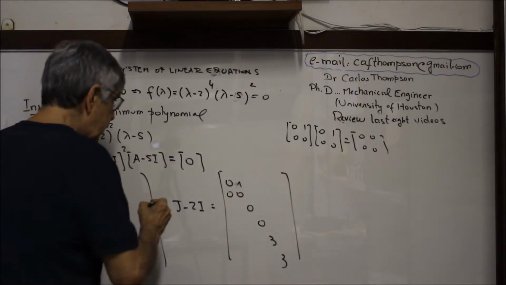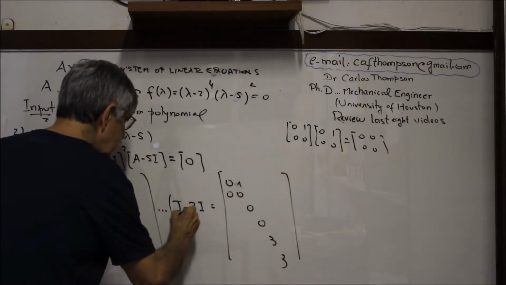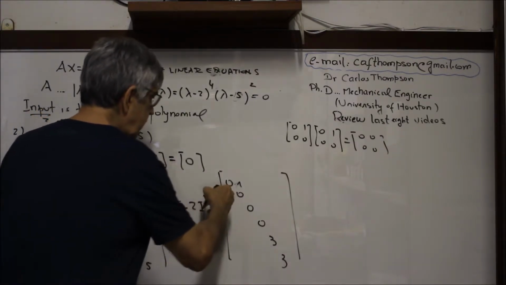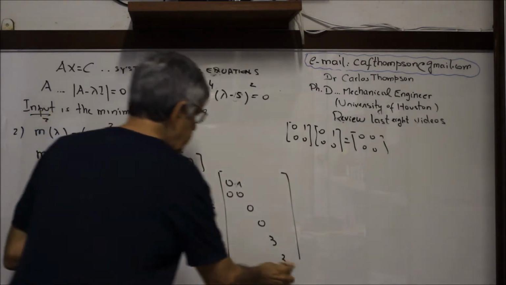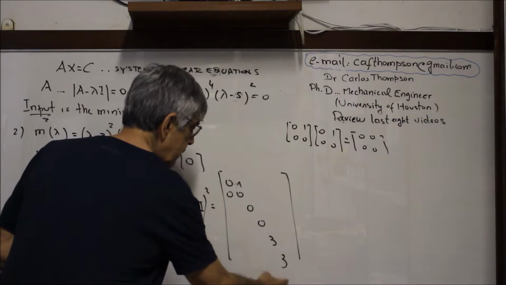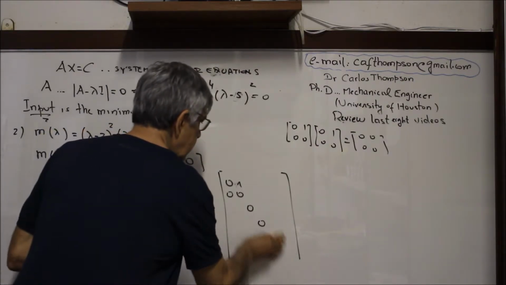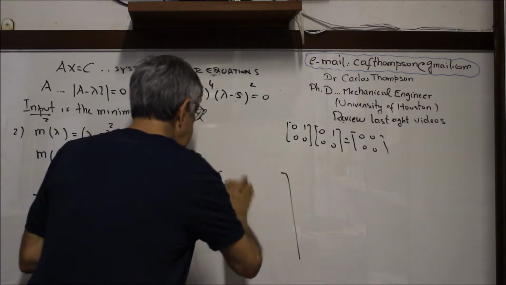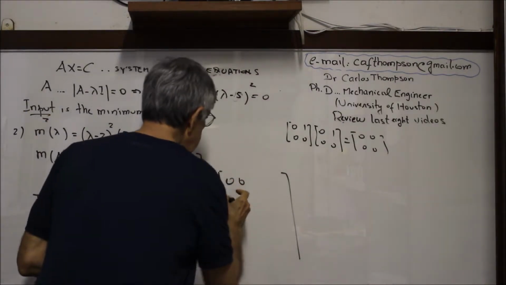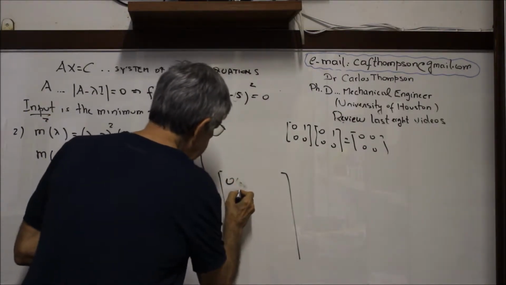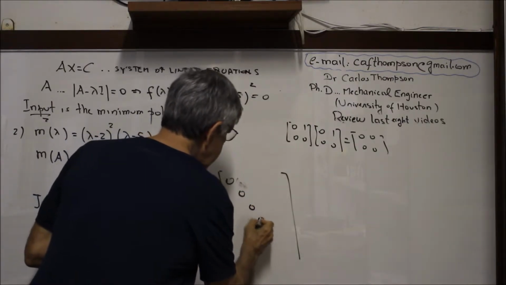Now, if I square it, the answer of this will be 9, 9, because I'm squaring. Now it will be 0, 0, 0, 0. Let's put the diagonal, 0, 0, 0.